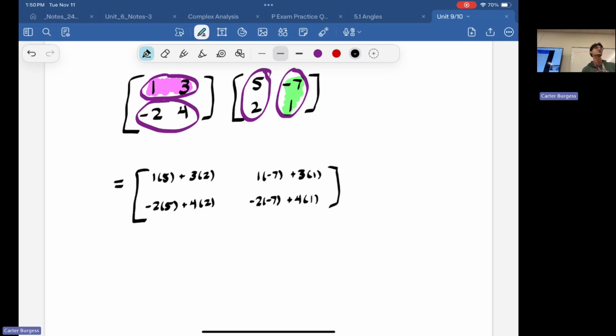And that gives us a new matrix. In this case, I'll go ahead and say what this is. This would be 11, -4, -2, and 18.